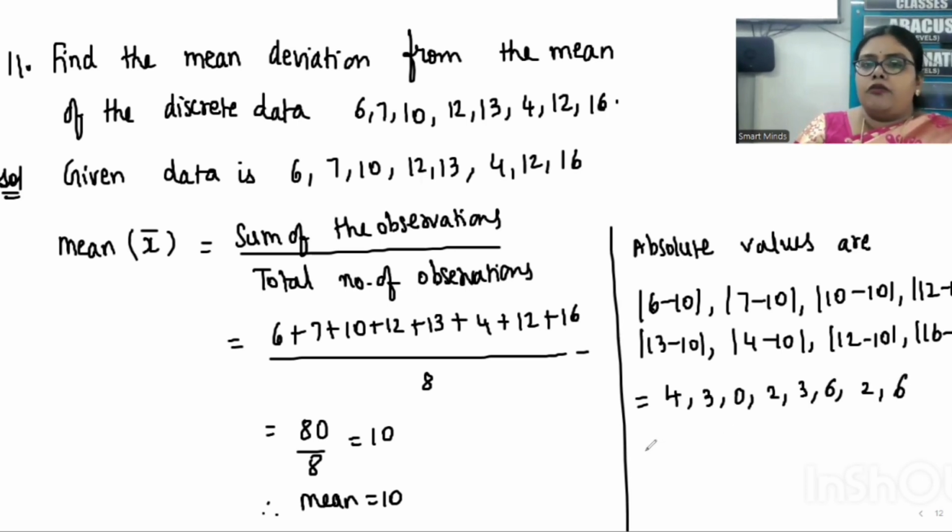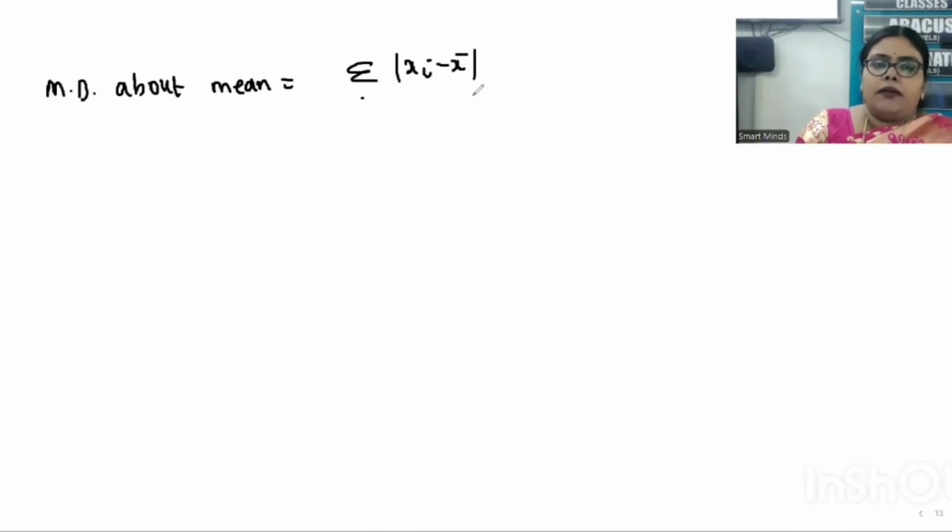Now how to find out mean deviation about mean? Find mean of these observations which we got just now. So that is, mean deviation about mean is, what is the formula? Sigma mod xi minus x bar by n. That means find the mean of the absolute values.